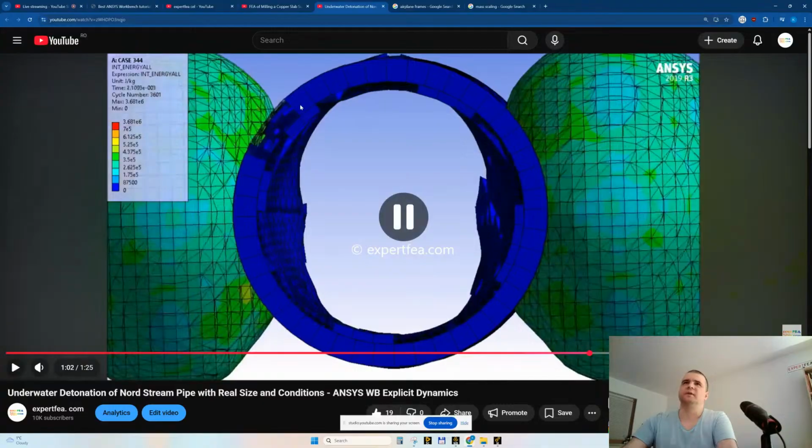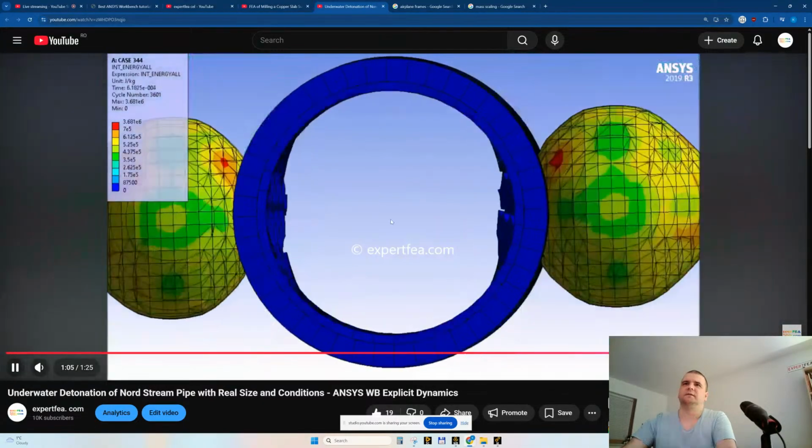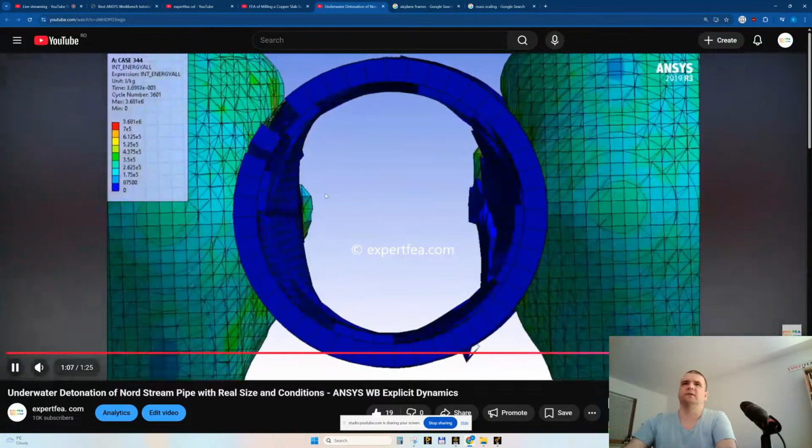So here we have concrete and steel. You can see the breakage of concrete and steel.